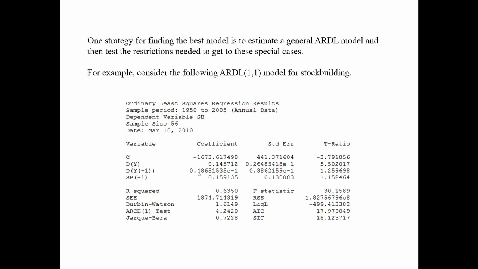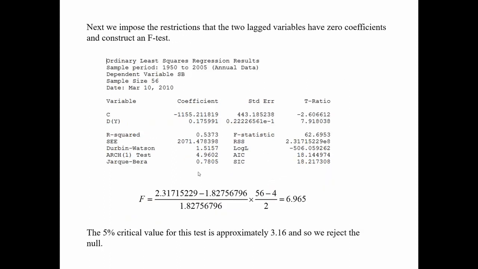So this equation could, in principle, be simplified. We could start to eliminate insignificant variables. Suppose we try eliminating both those insignificant variables. That would just give me a straightforward, basic or static regression equation between stock building and the change in GDP, as given by this equation here.